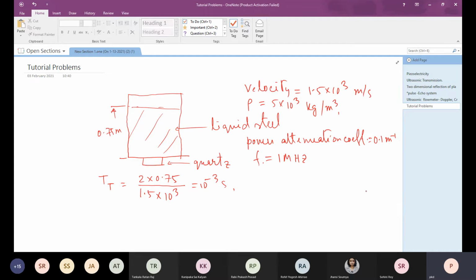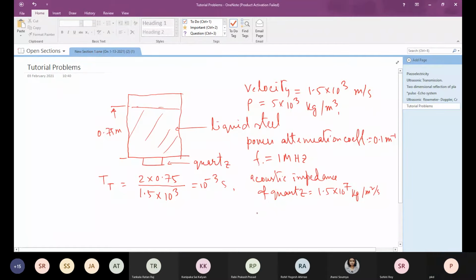From table 16.1, the characteristic acoustic impedance of quartz is given, that is 1.5 into 10 to the power 7 kg per meter square per second. And this one we can compute.